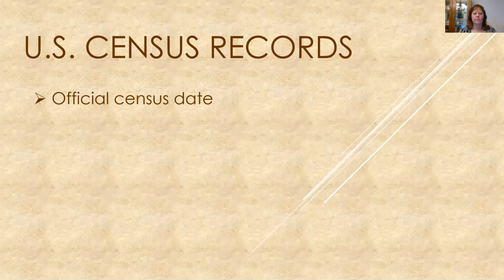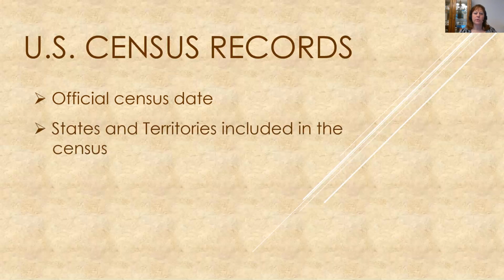For example, if the census date was June 1st, but the census taker did not visit the household until August 15th, all information was to be collected as of June 1st. So if a child was born in July of that year, that child should not be included in the household. On the other hand, if a person had been living in the household on June 1st, but had passed away in July, then that person should be included in the household.